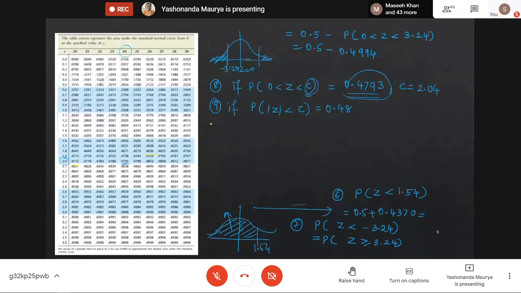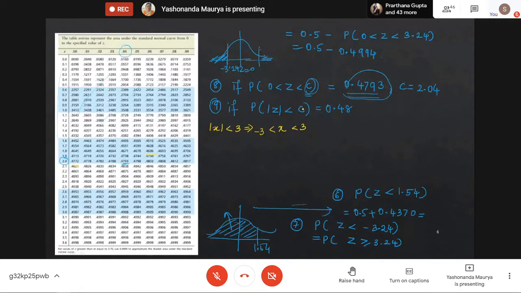If I say mod X is less than 3, what is the meaning of this? What does modulus mean? Modulus means that X lies between -3 and 3.